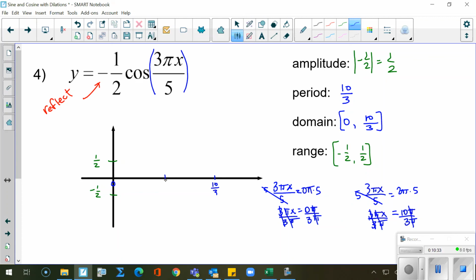Halfway, if I do half of 10/3 is 10/6, or I could reduce, it becomes 5/3. Halfway, half of 5/3 is 5/6.